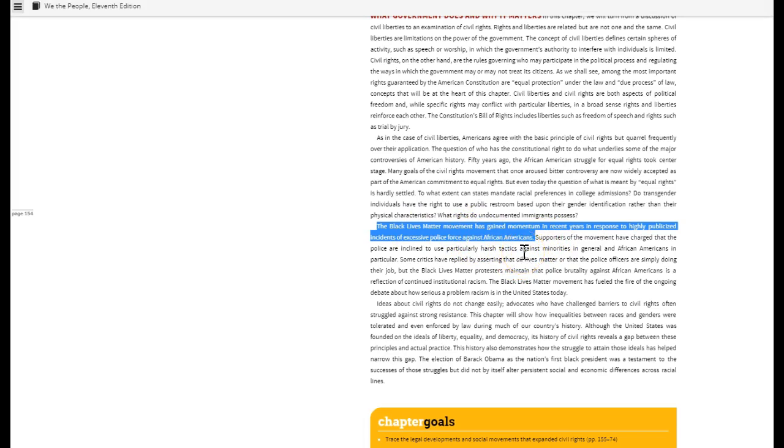If you look at the statistics, it's not excessive police force. A lot of times these are criminals who are being violent. It's not so much that these police are after these African Americans, it's they're after criminals. So if there's a majority of African Americans that are committing crimes, it's going to make police force against them a little higher, of course.